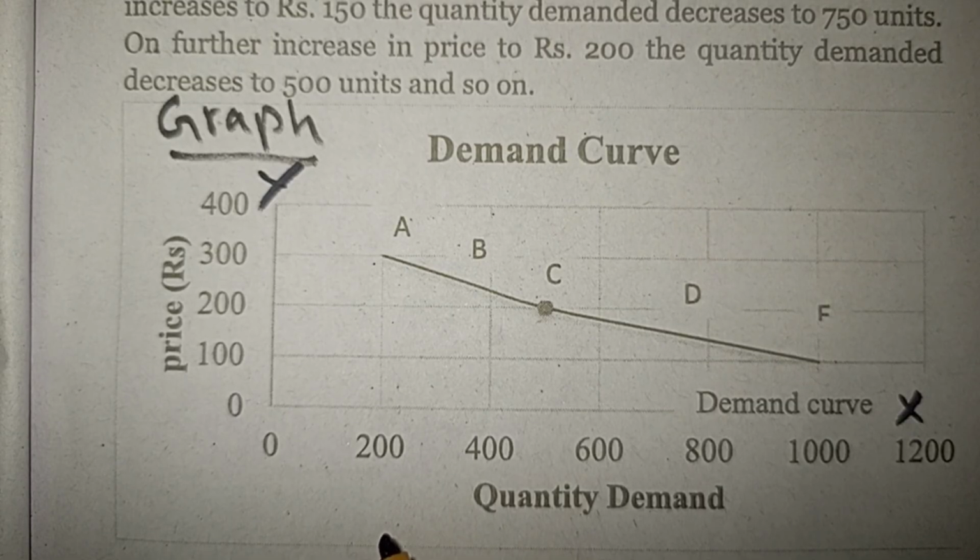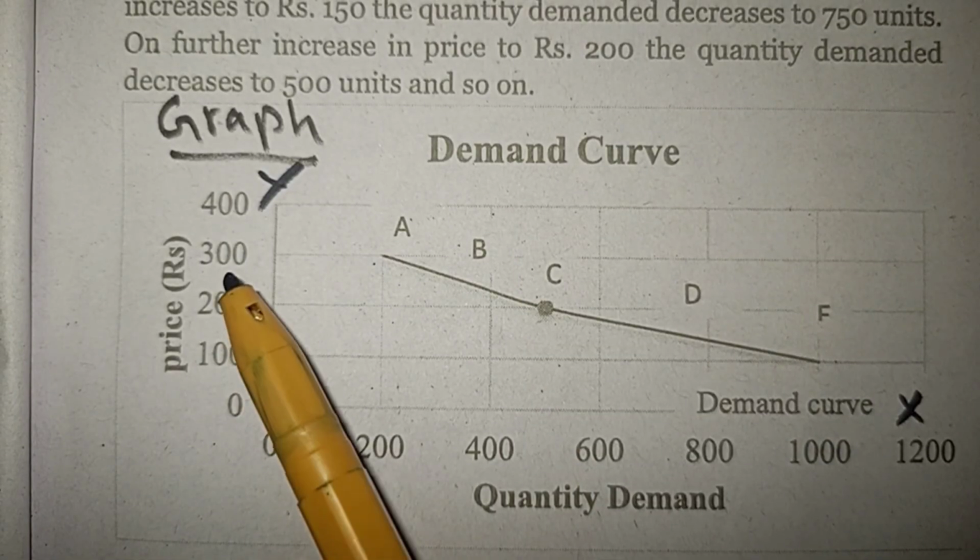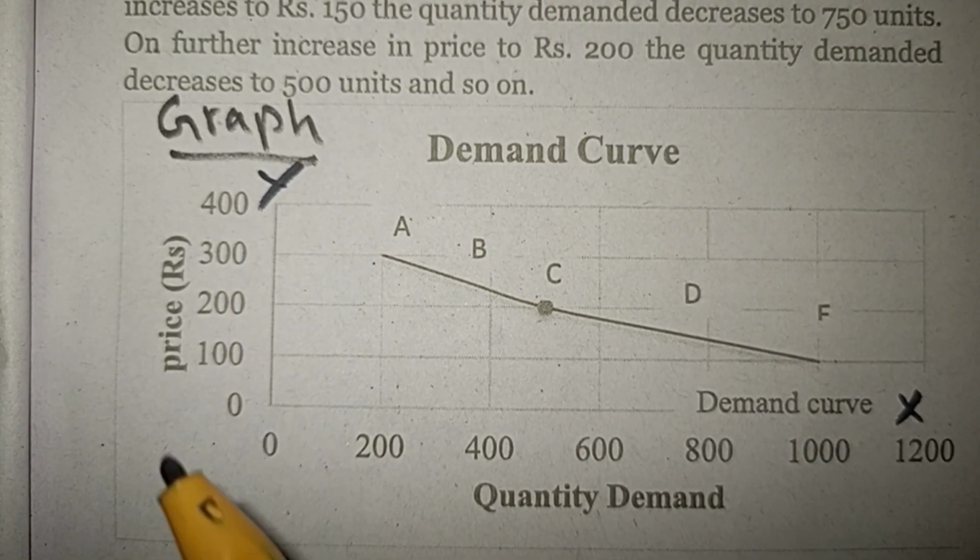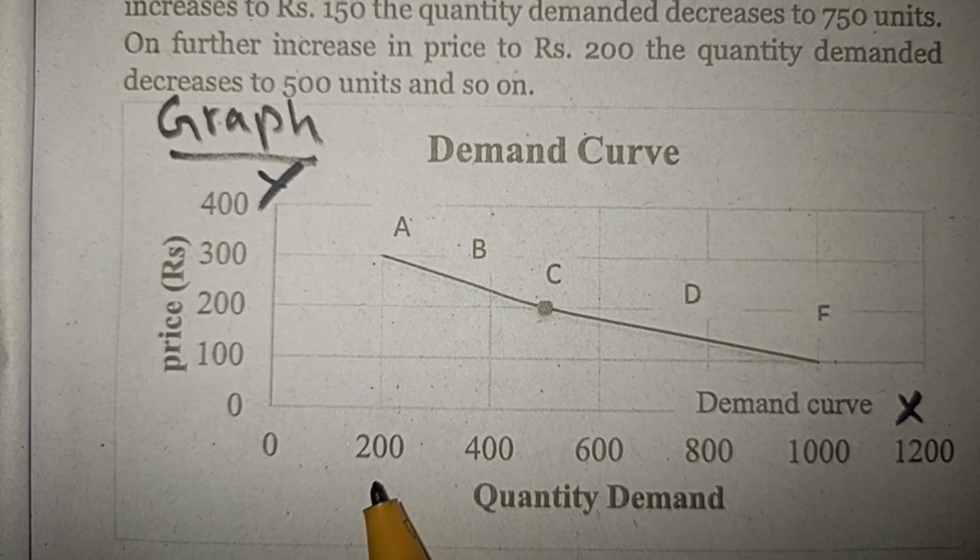And when the price decreases from 300 to 250, then demand increases from 200 to 400.